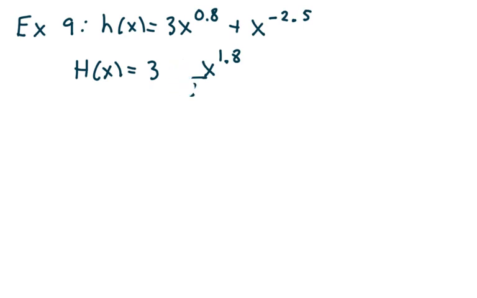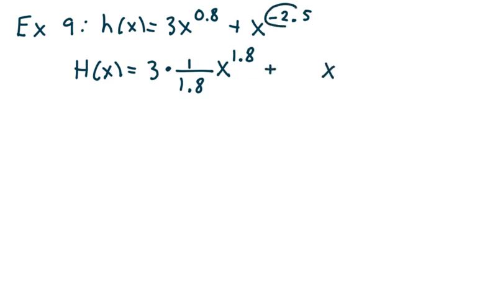So let me write that a little clearer. So I'm going to multiply by 1 over 1.8, and then times x to the 1.8. I added 1 to 0.8. That's where I'm getting the 1.8 from. Okay. And then I'm going to add x.